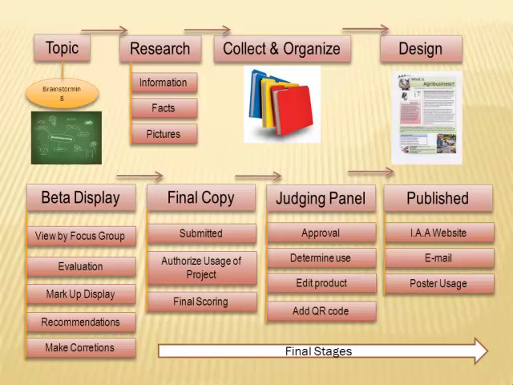Then you would go through a judging panel that would make sure everything's okay, add things like a QR code, or they may add the product, they may have something else, so that you have that stage. And then when it's all done, you would publish it to the website or into your email, or as a poster, or whatever category you plan to use.